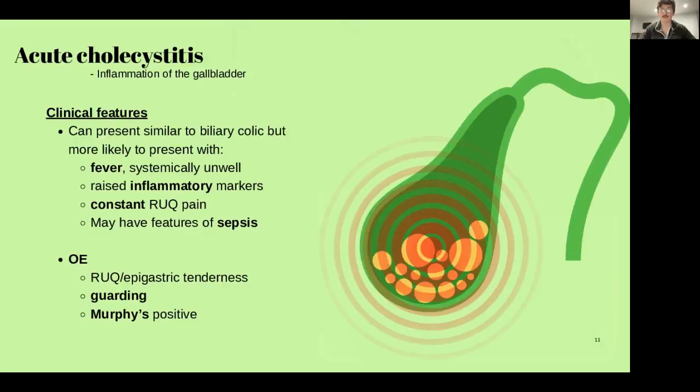On examination, you'll see right upper quadrant tenderness. You might see some guarding as well, so tensing of their abdomen. If someone's frankly peritonitic, they'll have that classic hard, wooden board abdomen. Or they might have some localized peritonism, so hardening and tensing of the muscles just in the right upper quadrant.